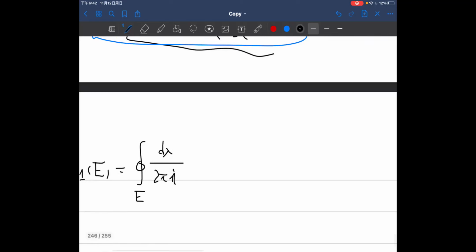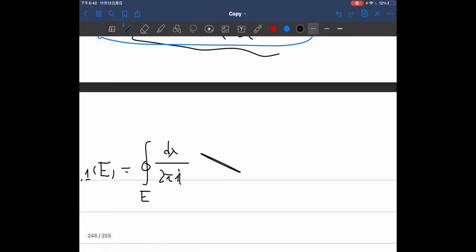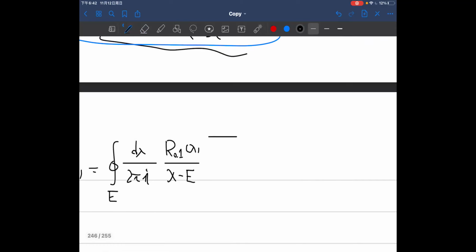Then we need to construct a single pole at e. Then we write the function here. Here we can multiply some other function. The function should be analytic at the point e, but it can have other branch cuts.